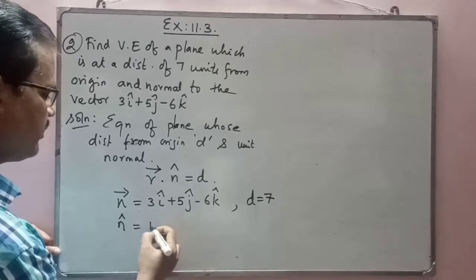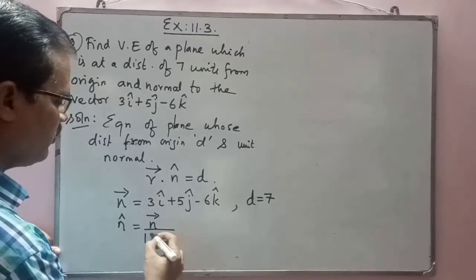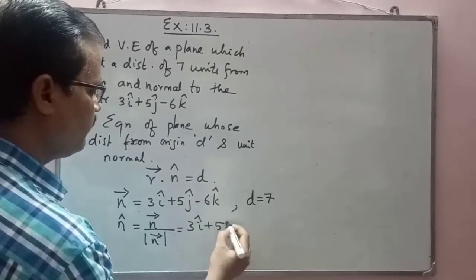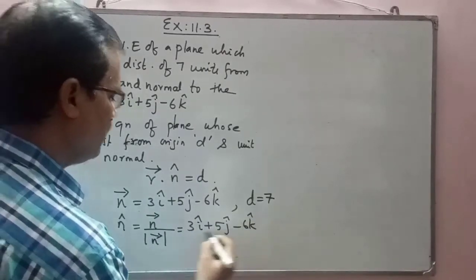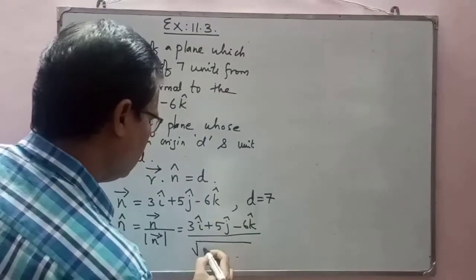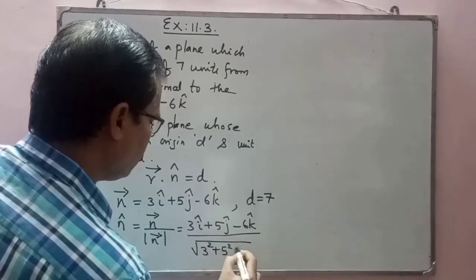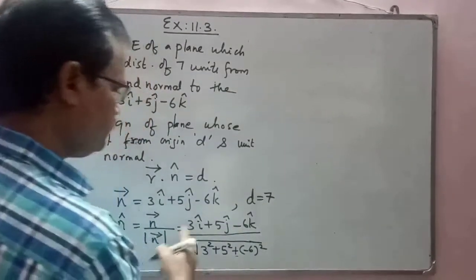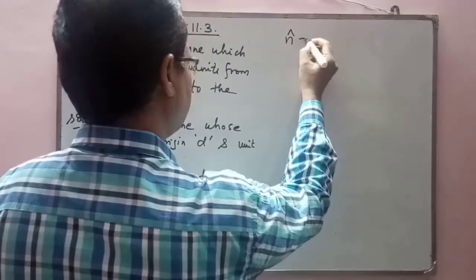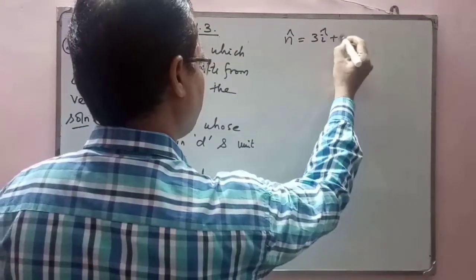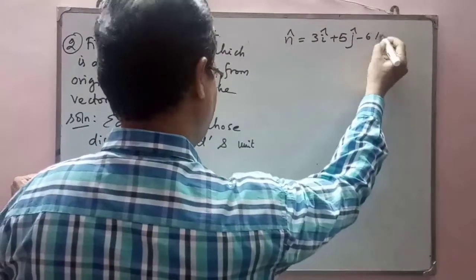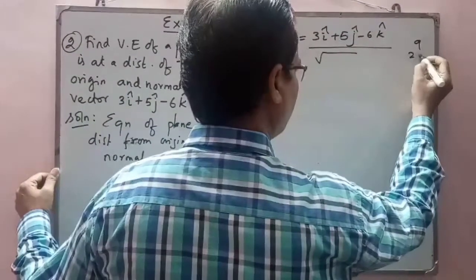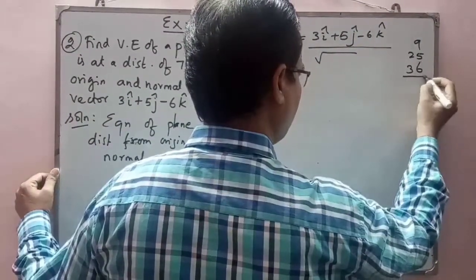We know the formula for n cap is n vector by magnitude of n vector, which is 3i cap plus 5j cap minus 6k cap by root of 3 squared plus 5 squared plus (minus 6) squared, the squares of the direction ratios. So n cap equals 3i plus 5j minus 6k divided by root of 9 plus 25 plus 36.